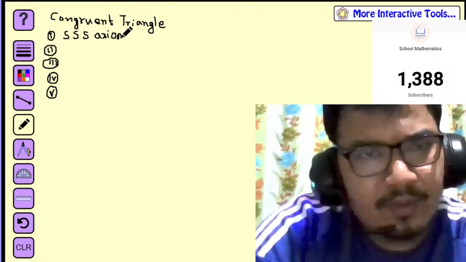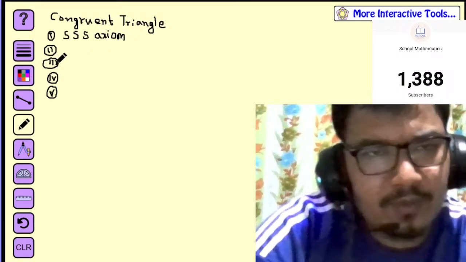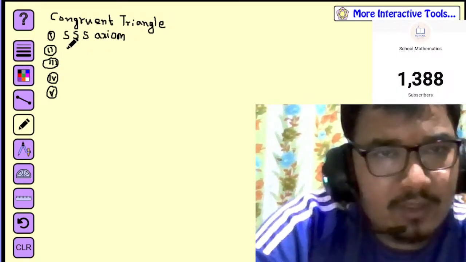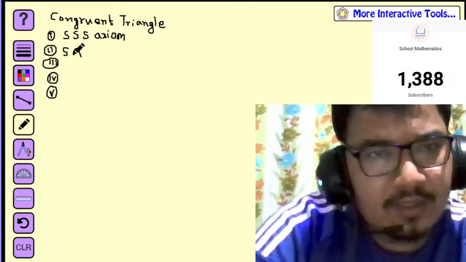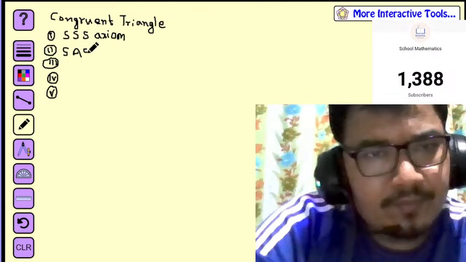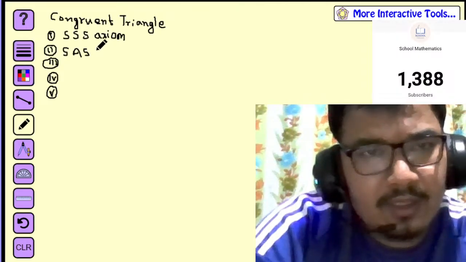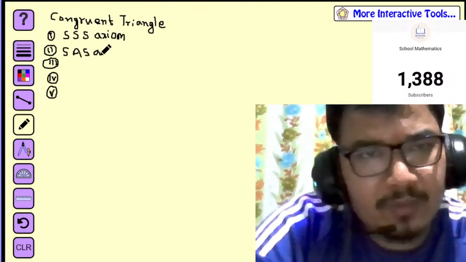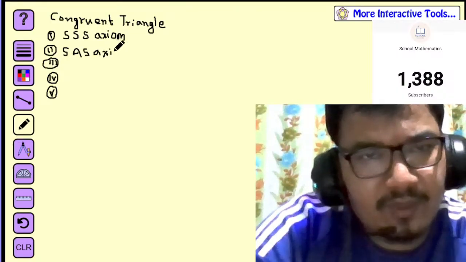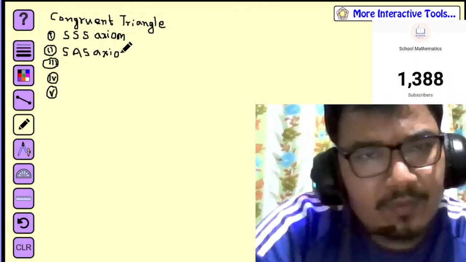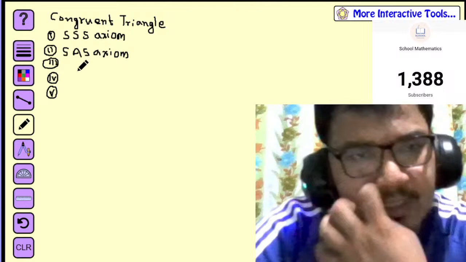I will explain about this. And the next one is the SAS axiom. What is the meaning of S and A, that I'm going to explain with the figure here. First of all, let me write all these axioms.